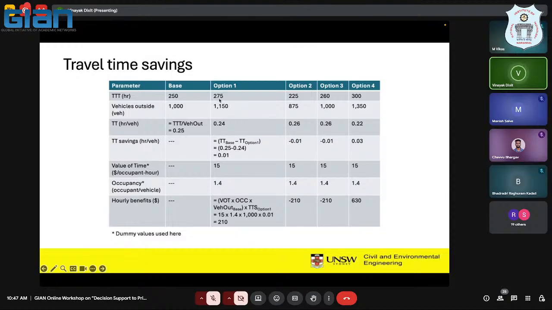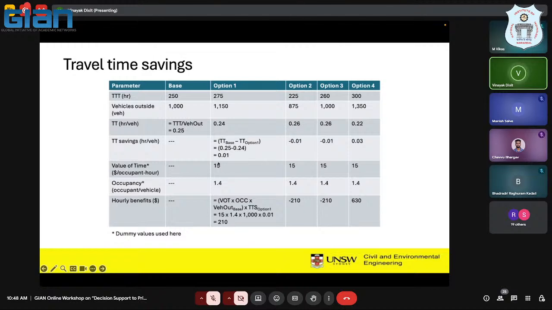So 275 divided by 1150 is roughly 0.24. So the travel time savings is 0.01, and 0.01 multiplied by 60 is 0.6 minutes, which is roughly 36 seconds. So on average, we are saving 36 seconds here.